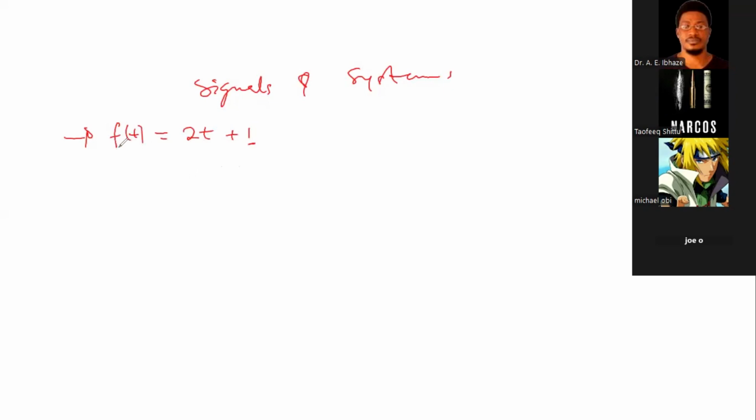So it means that this function, which is dependent, is literally a function of the independent variable t.